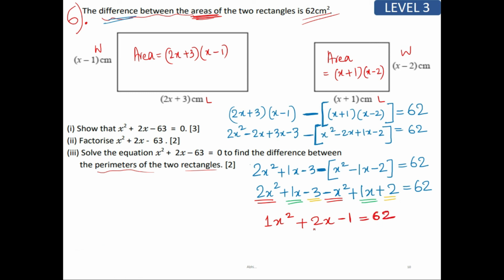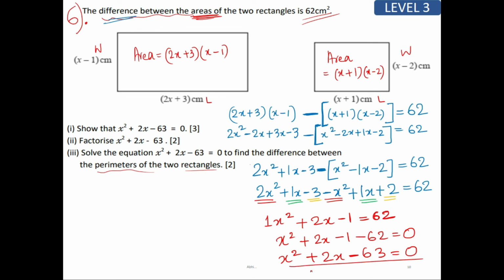I'll be shifting 62 to the side, so I have x squared plus 2x minus 1 minus 62 equals 0, and my final expression is x squared plus 2x minus 63 equals 0. This is exactly what they have asked you to show.